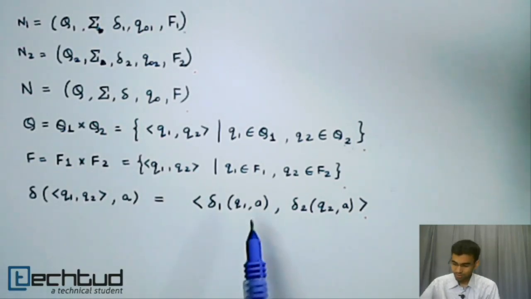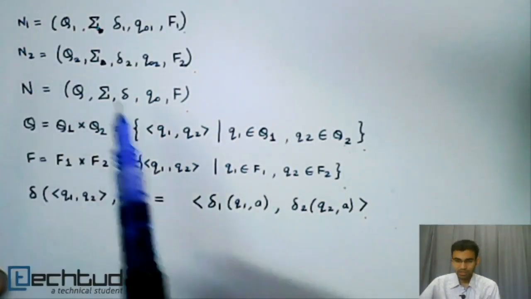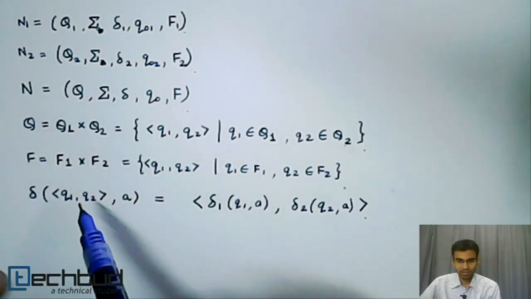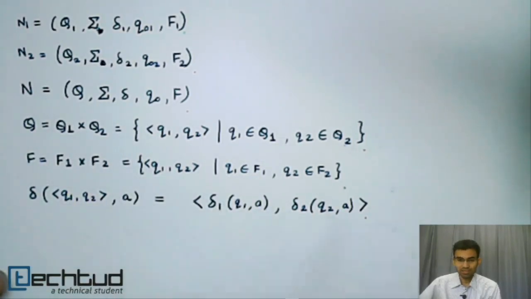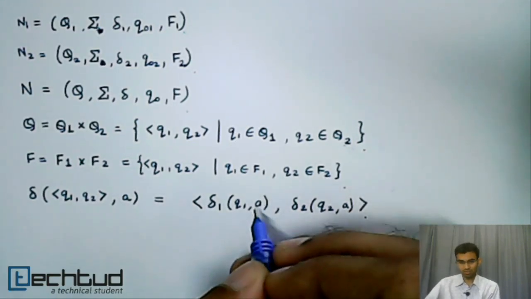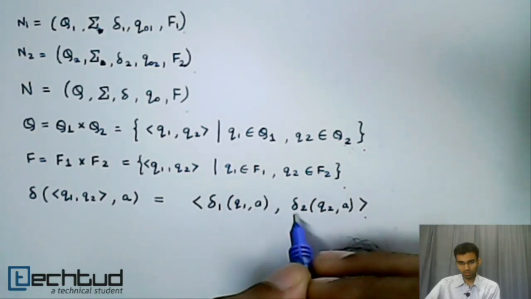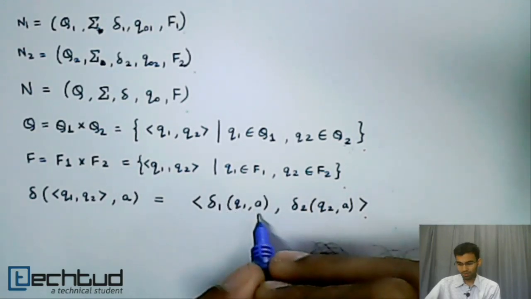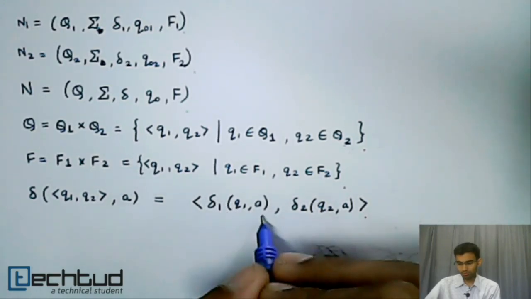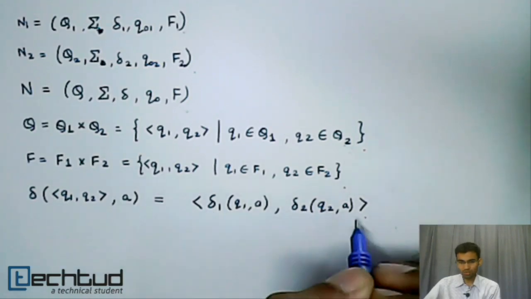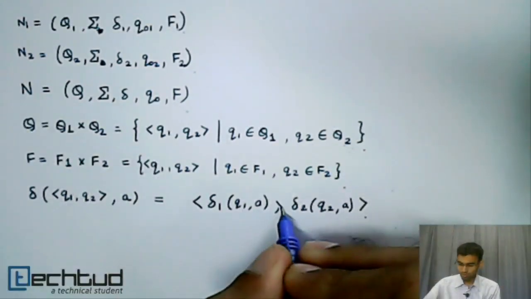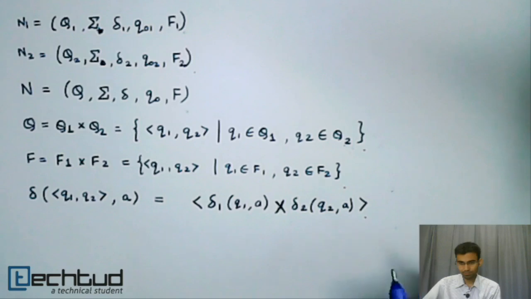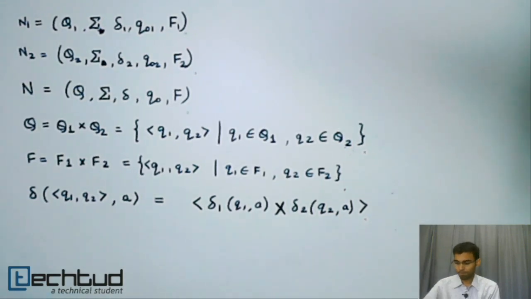Now, if N1 and N2 are nondeterministic, which they are in this case, this will not be a single state. It will be a set of states. So it is essentially the cross product of the set of states you get by taking delta 1 and the set of states you get by taking delta 2. So we have a cross product here. Alright.